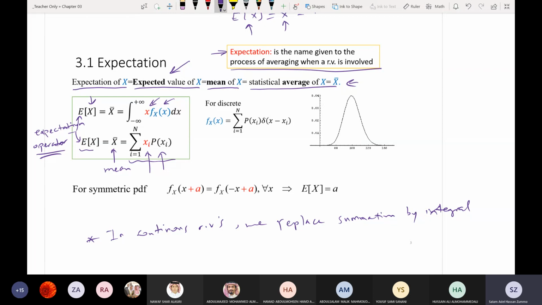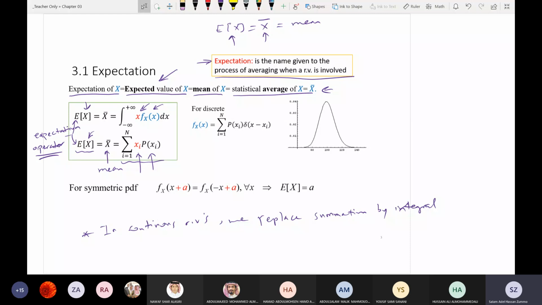Now this is what we call the expectation operator, E of X. Later we will find that we can always put anything inside. So instead of E of X that gives me the average, I can put E of X squared, which will give me something else. And so on. We'll talk about it when we reach it.